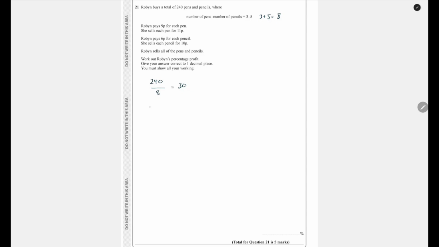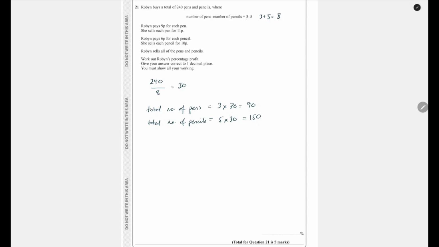So to work out the total number of pens, it's going to be the ratio of 3 multiplied by 30, and so we know we have 90 pens. If we do the same thing for the total number of pencils, it's going to be 5 multiplied by 30, which is equal to 150. And you can see that 90 plus 150 gives us a total of 240.